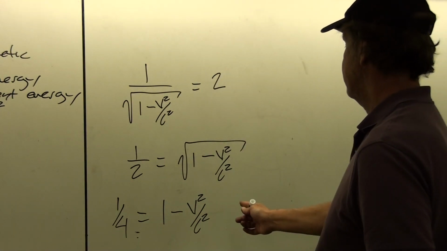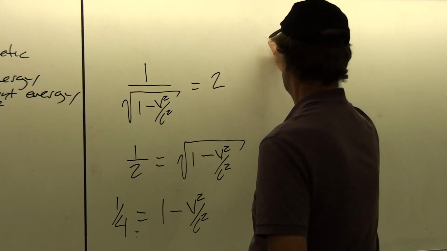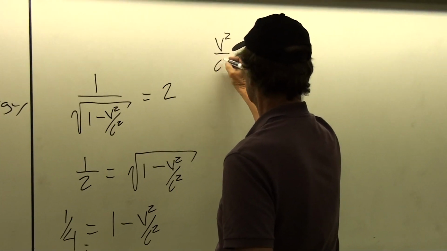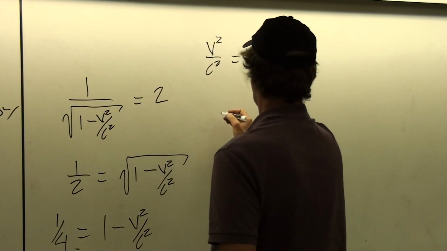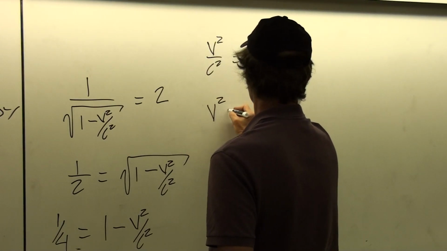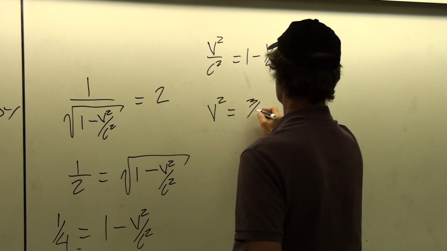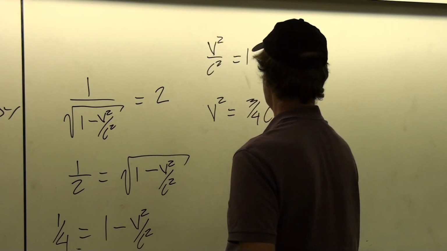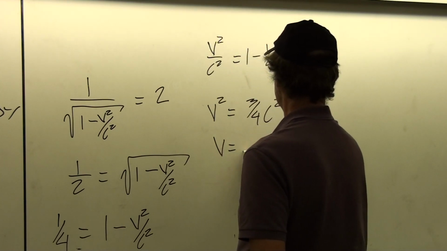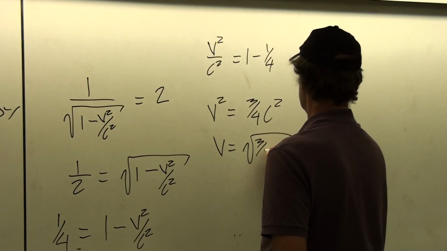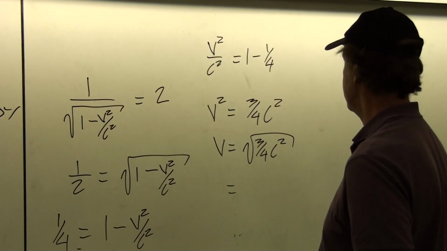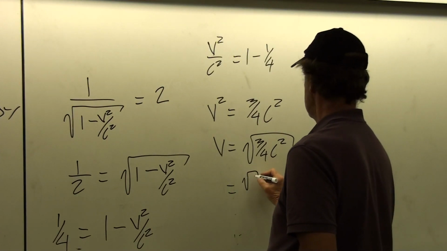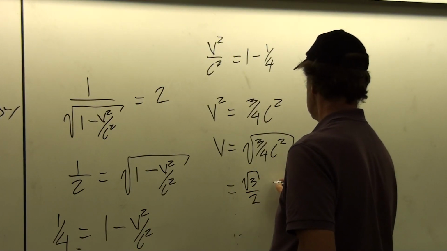If I do that, then I get v squared over c squared equals 1 minus 1/4, or v squared equals 3/4 c squared, giving me finally v is equal to the square root of 3/4 c squared, which is just root 3 over 2 c.